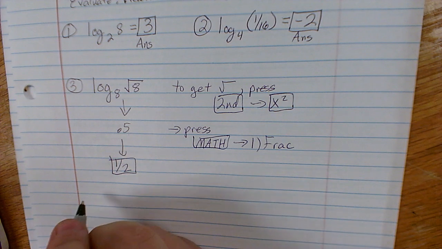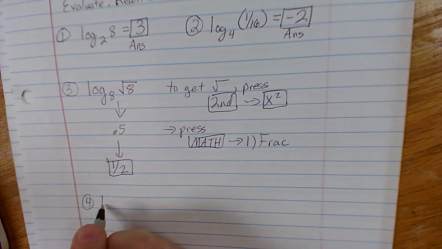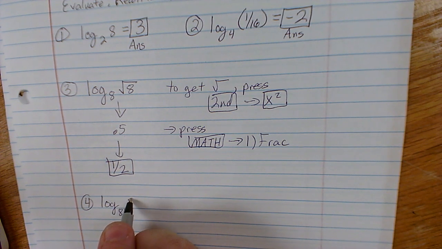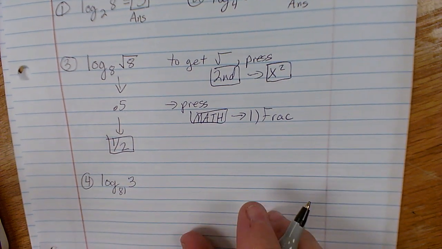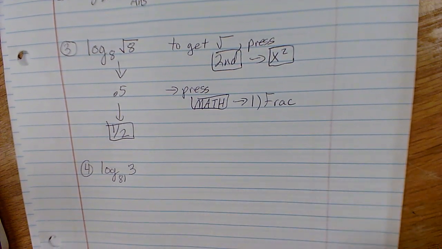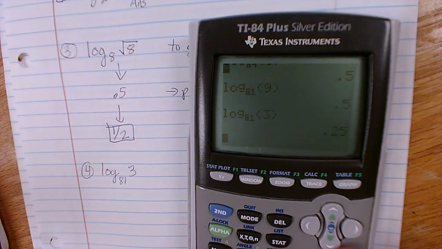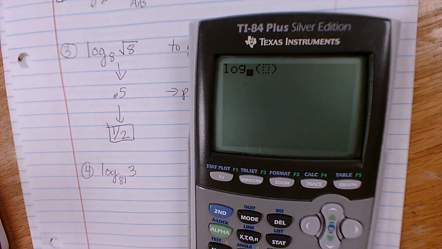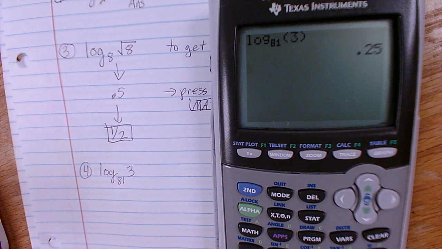So going to example 4. Let's say you had log base 81 of 3. You type it in to evaluate it: alpha window, 81 and then 3. We get a decimal.